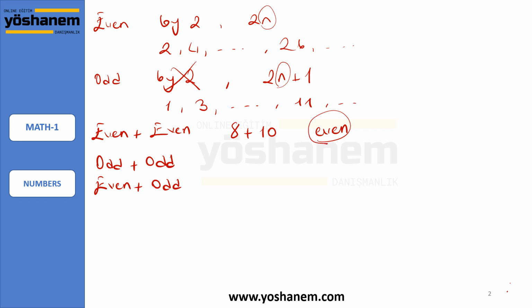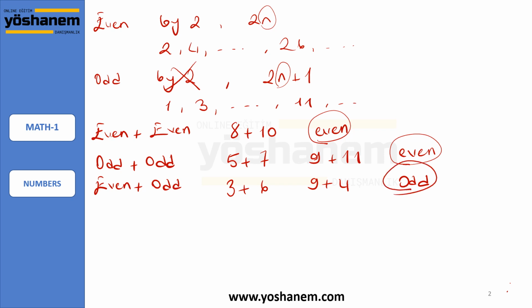What about odd plus odd? It's something like 5 plus 7 or 9 plus 11. Both cases give us an even number also. Even plus odd, it's something like 3 plus 6 or 9 plus 4. In this situation, both results will be an odd number.